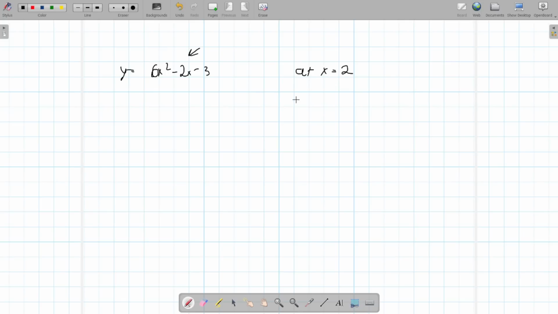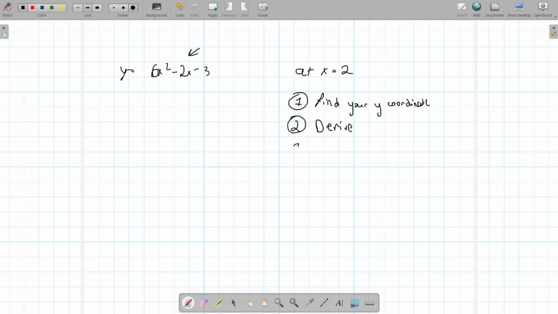If you guys remember, the first thing I told you was find your y coordinate. The second thing I told you is obviously derive.